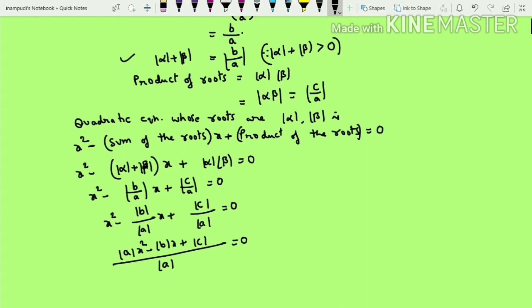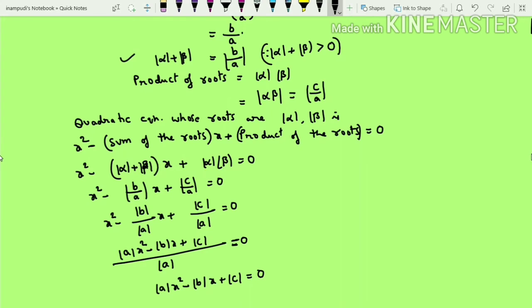So the required equation is mod a into x square minus mod b into x plus mod c equal to 0.